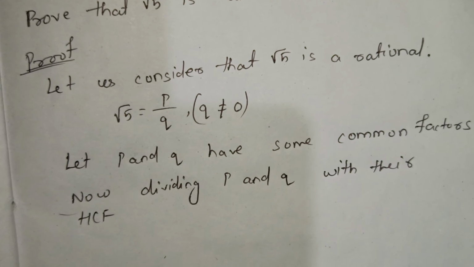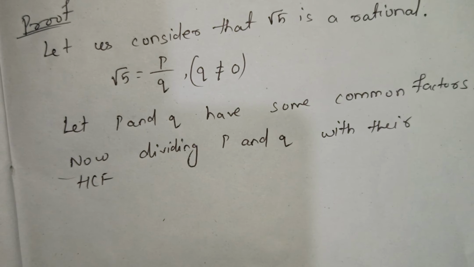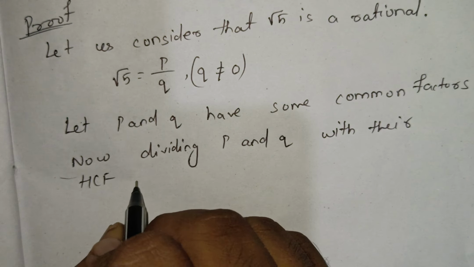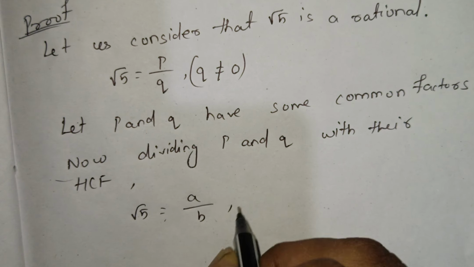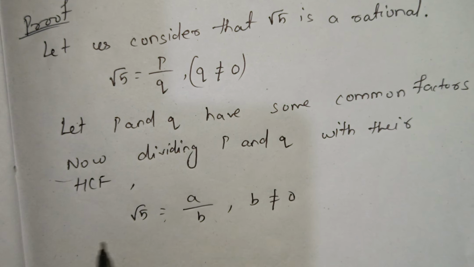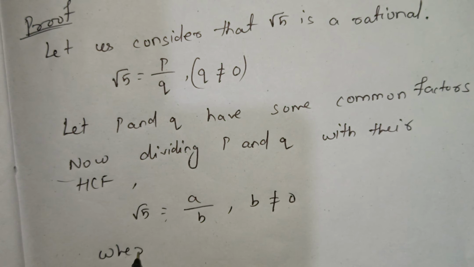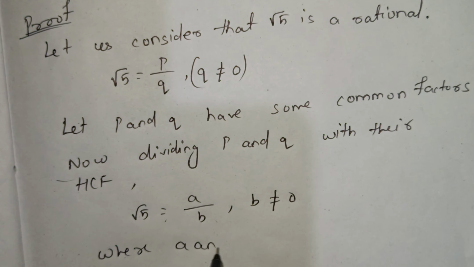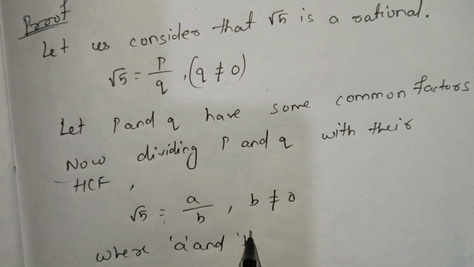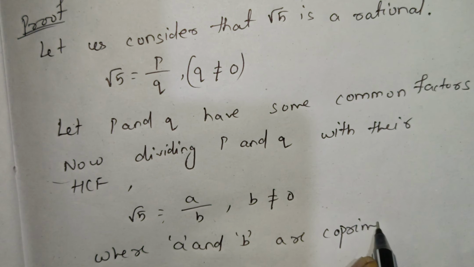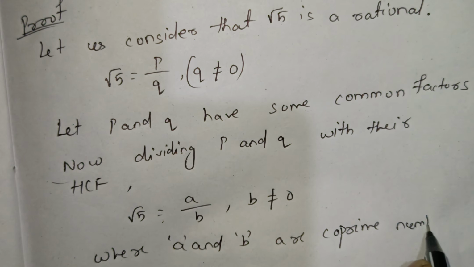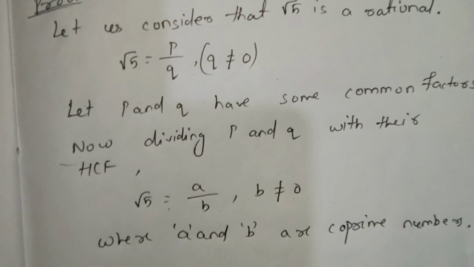Now we'll divide both p and q by their highest common factor, such that now we get root 5 is equal to a by b, where b is not equal to 0, and a and b are co-prime numbers. So what are co-prime numbers?